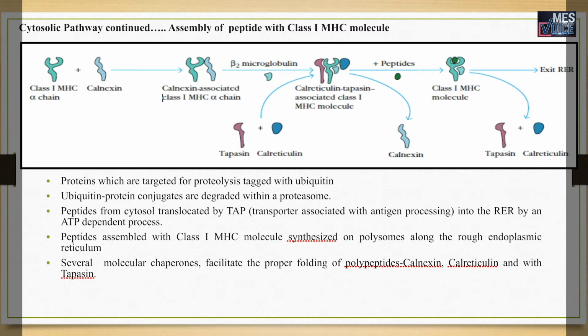calnexin. Before that, let me briefly tell the structure of class 1 MHC molecule. It contains two polypeptide chains, one is the alpha chain and the other is beta 2 microglobulin. First the alpha chain is involved.